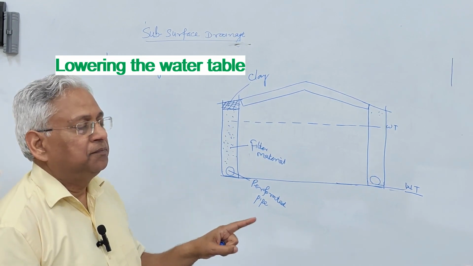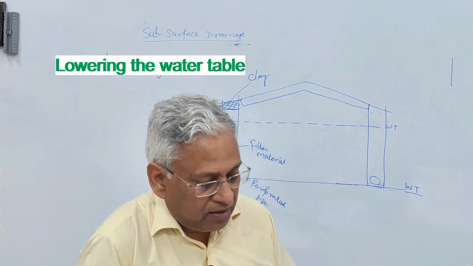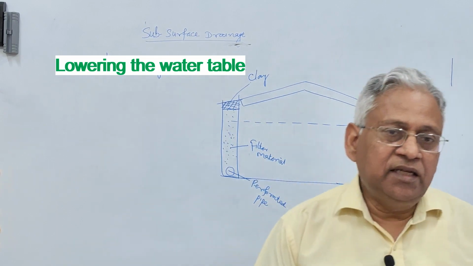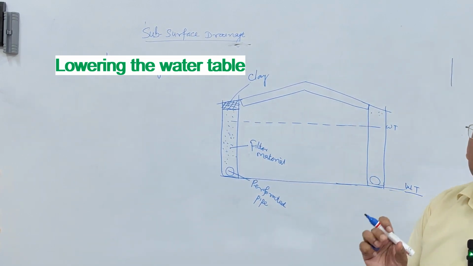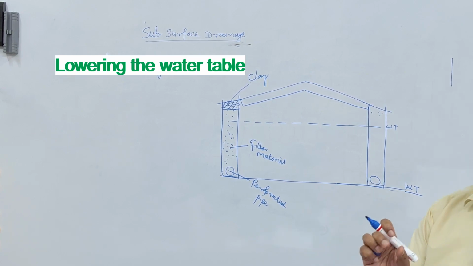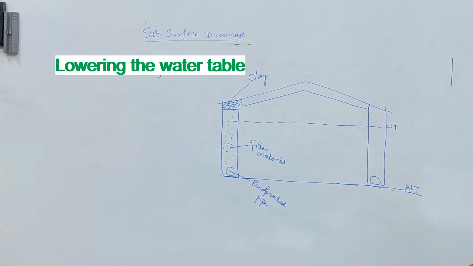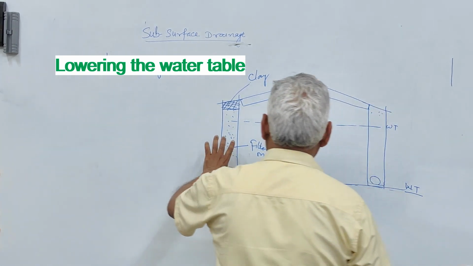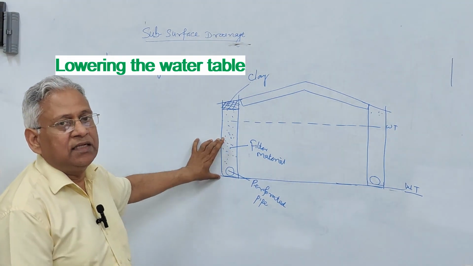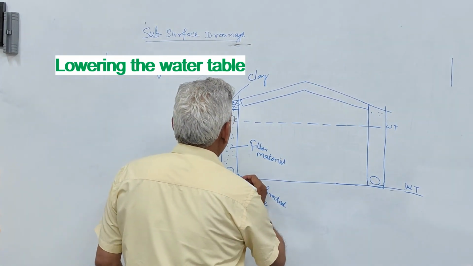Now this system does not work when the subgrade is of fine grained material, like clay. In that case, in addition to these longitudinal drains, we also provide transverse drains like this.